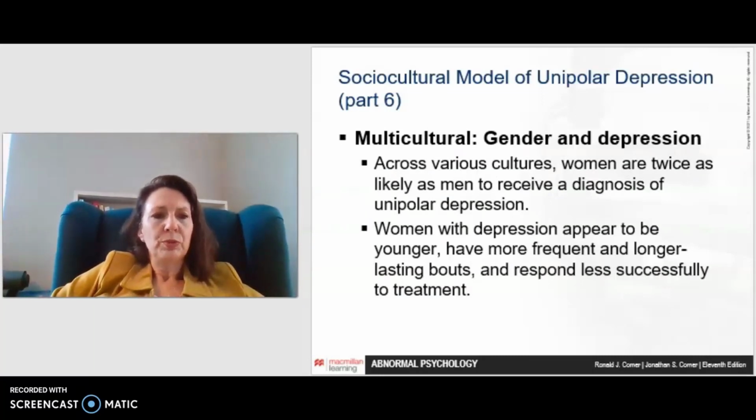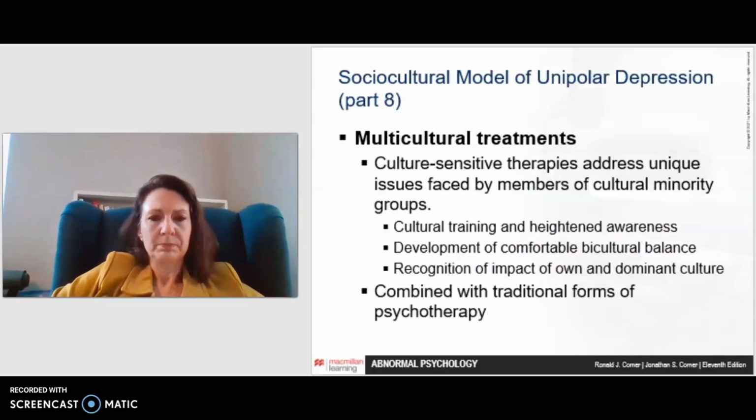The multicultural researchers also look a lot at gender and depression because across cultures, women are twice as likely as men to receive a diagnosis of unipolar depression. Women that suffer from depression appear to be younger, have more frequent and longer lasting bouts, and respond less successfully to treatment.